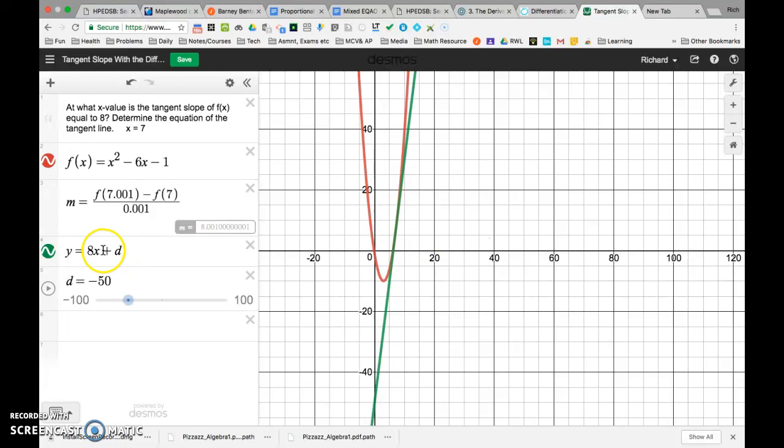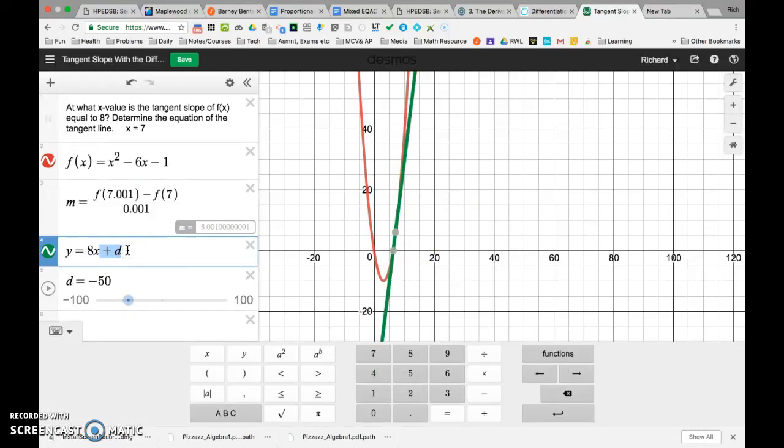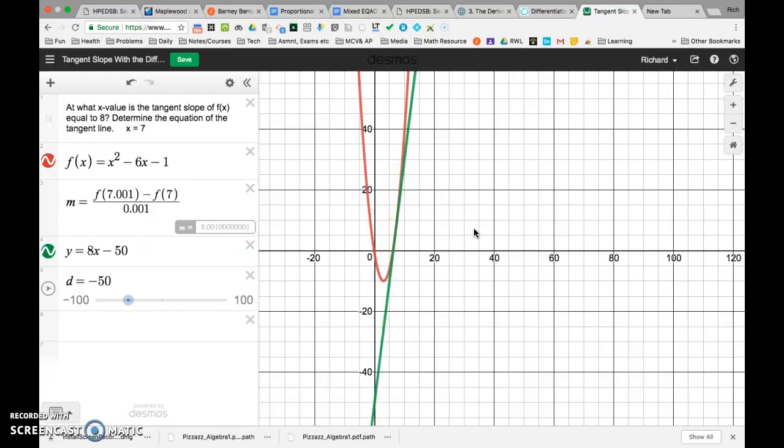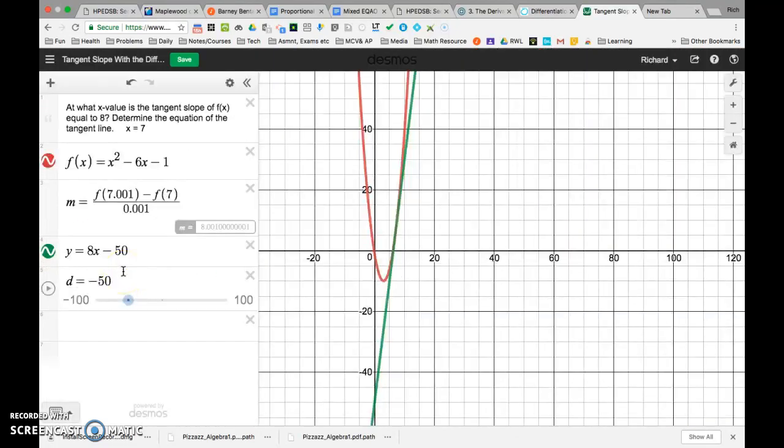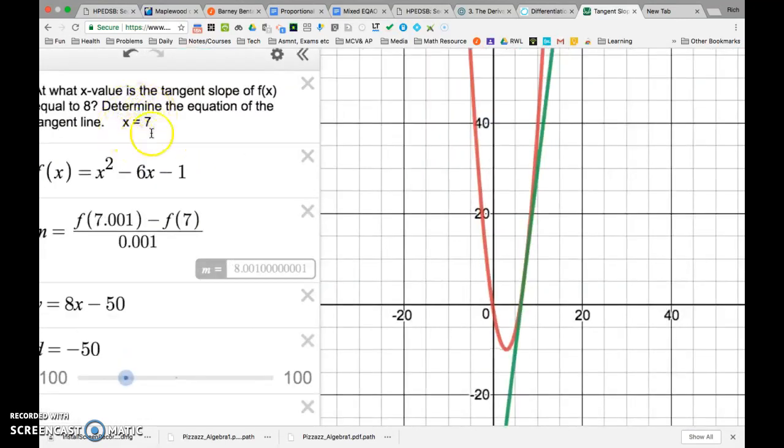So the equation of that line is 8x minus 50, and that's the equation of the tangent. That means the straight line 8x minus 50 is tangent to x squared minus 6x minus 1, and the point of tangency is x equals 7.